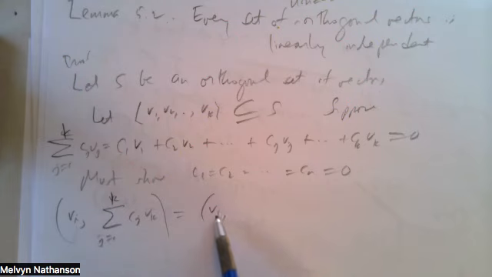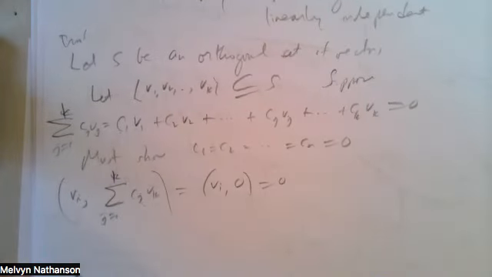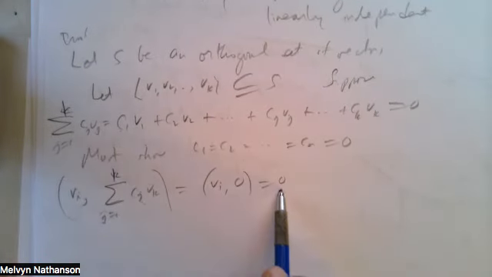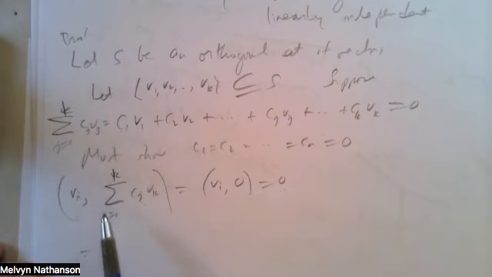On the one hand, this is just the inner product of vi with the 0 vector, so this inner product gives me the number, the scalar 0. On the other hand, by bilinearity, this is summation, j goes from 1 up to k, cj, inner product of vi and vj.